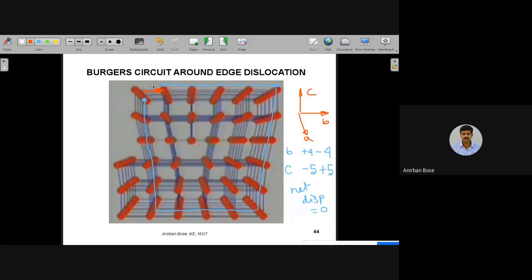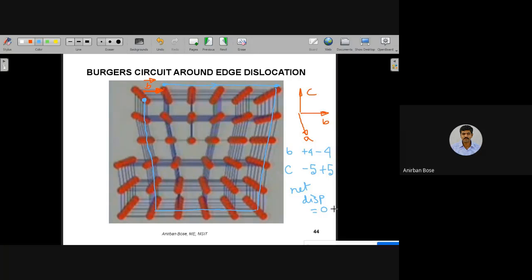And that magnitude and direction is the Burgers vector. So this is what the Burgers vector is. To find the Burgers vector around the dislocation through the perfect part of the crystal, you have to draw a circuitous path such that the net displacement is zero.